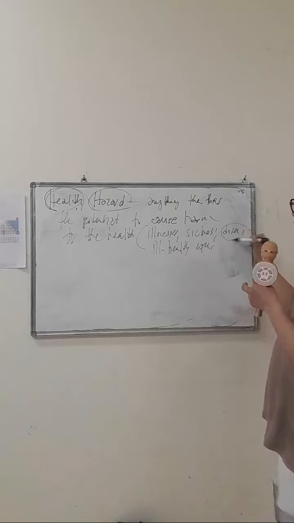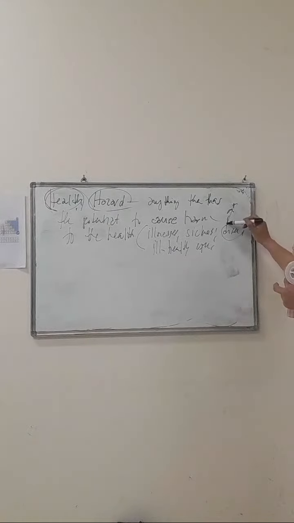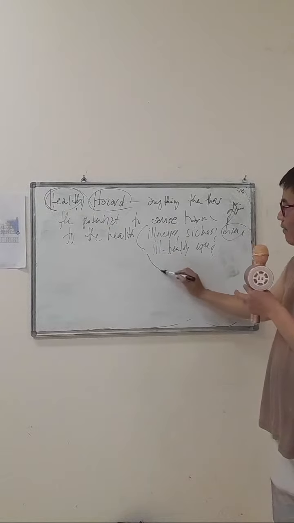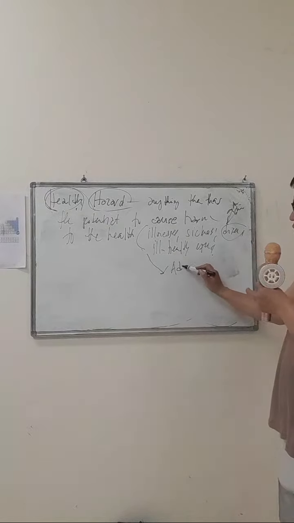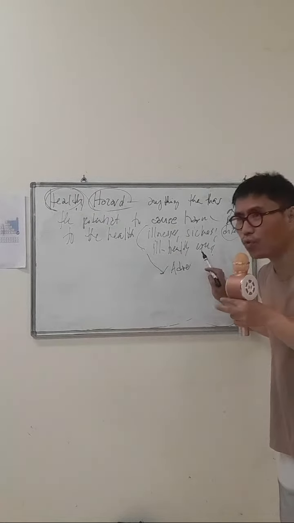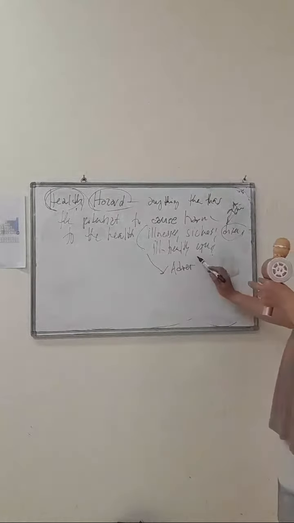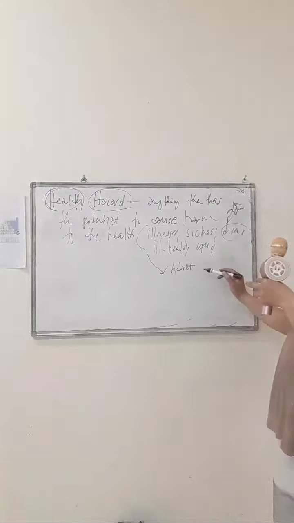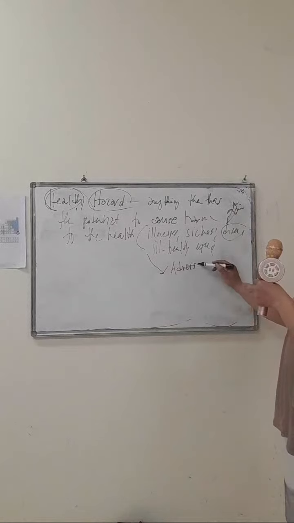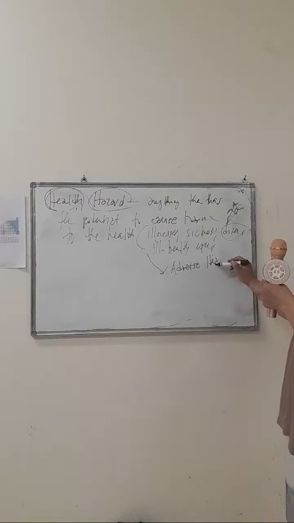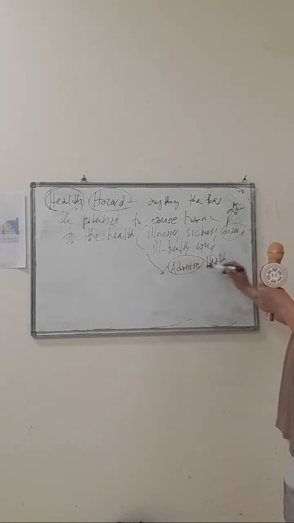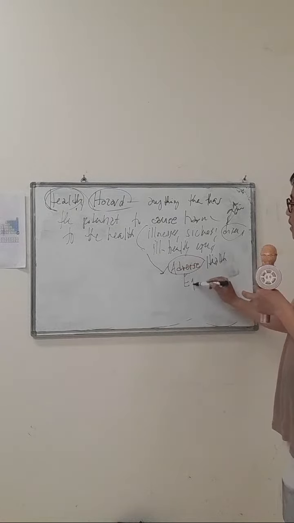Okay, diseases can be acute diseases and chronic diseases. And these are all adverse health effects. Adverse, meaning harmful, hazardous, dangerous. Okay, adverse health effects. This is the definition of adverse, in English.